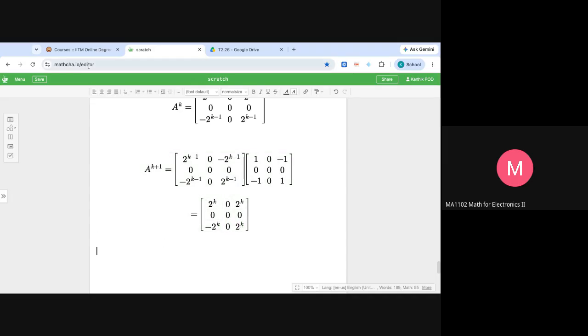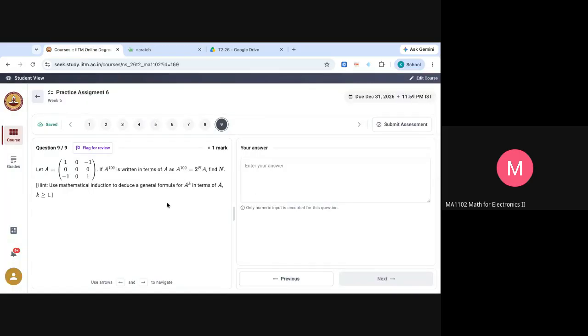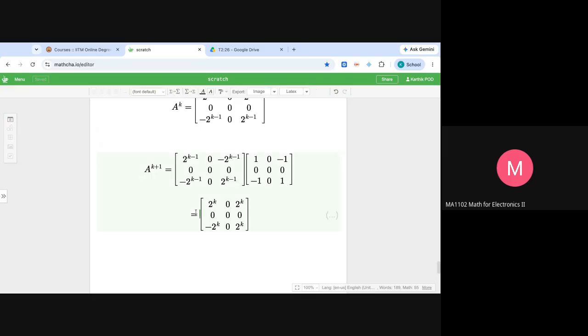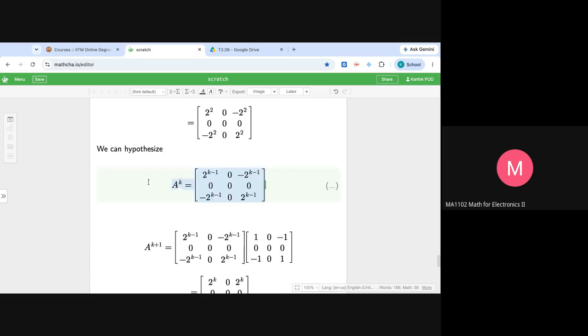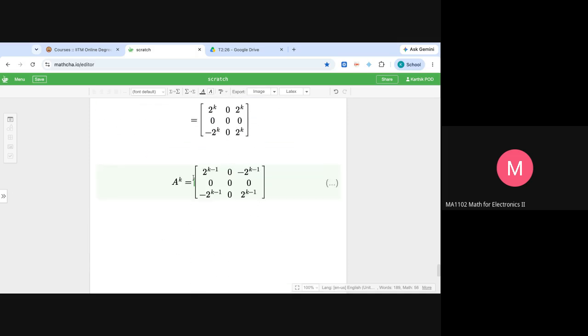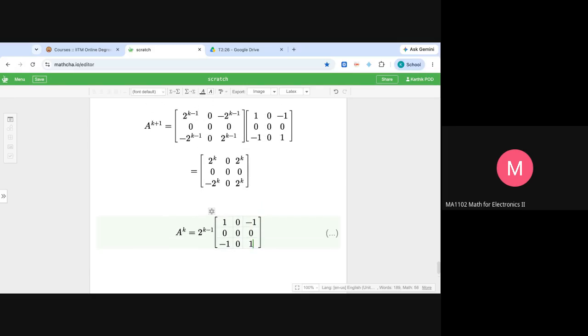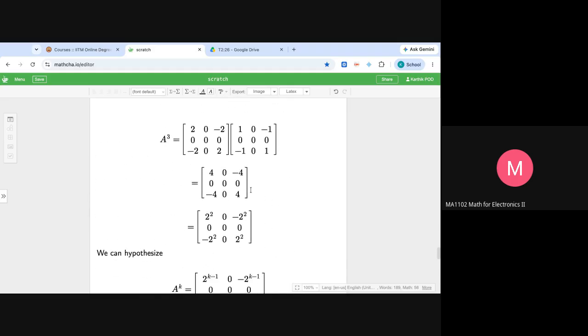So in general, if you go back to the question, this is a power 100. We can take this 2 power k outside. So in general, a power k is, as we have just established using induction, 2 power k minus 1 times 1, 0, minus 1, 0, 0, 0, minus 1, 0, 1.